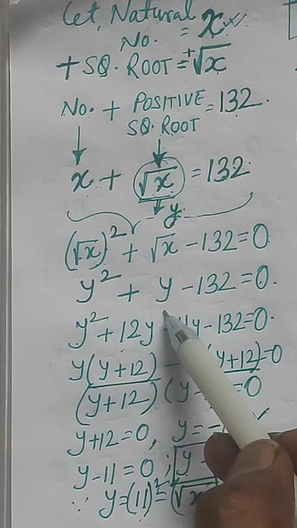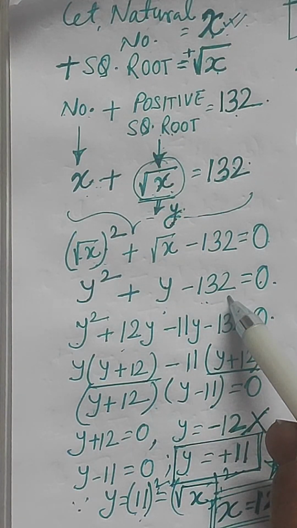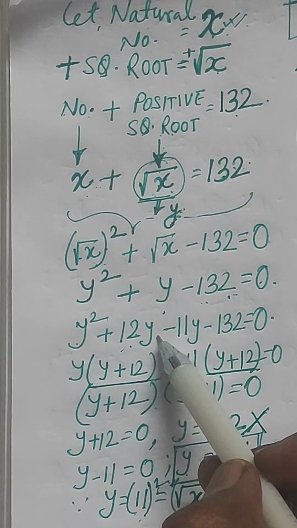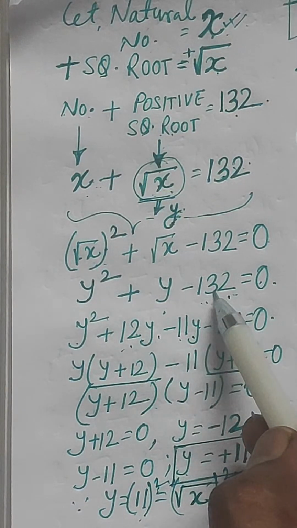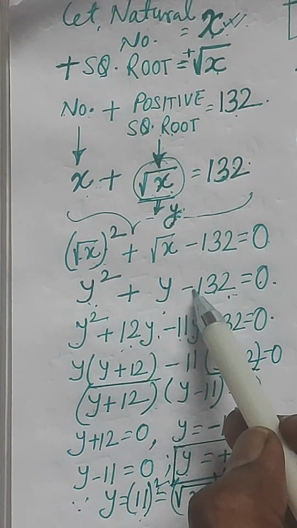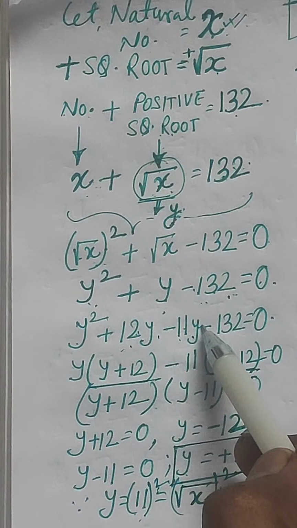Now y square plus y minus 132 equal to 0. When you split the middle term and take the factors of 132, 12 and 11 are the two factors. The product of 12y and minus 11y will be minus 132y square, that is the product of the first and last term. So y can be written as 12y minus 11y.